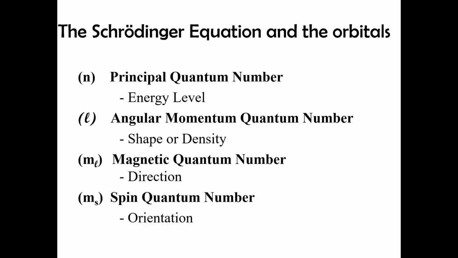So for now, an S orbital is a sphere, a P orbital is a dumbbell, and then what direction? If it's a dumbbell, we can have three different P orbitals. Is it in the PX, PY, or the PZ orientation? And then spin is spin up and down. If it's in an orbital, all we say is is it going against it or towards it. So up or down. We're going to say plus a half or minus a half.